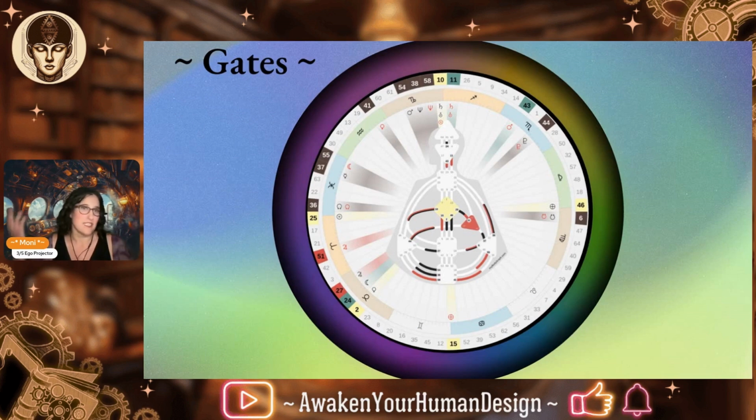So these are the same 64 gates of the I Ching, the same 64 gates that are on all these centers, but now we can see how they move through in a chronological way around. If you're looking at the sun and the earth, you can see where the sun is moving for the year around the wheel by seeing these 64 gates.